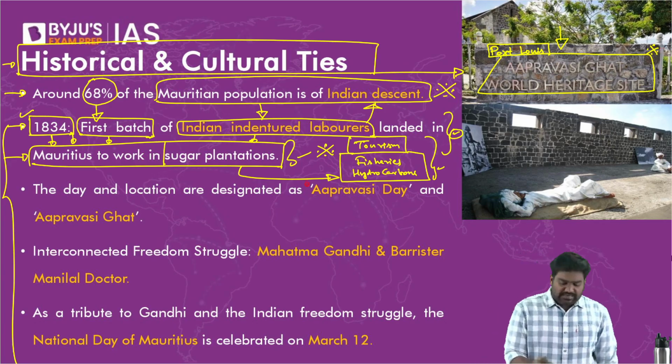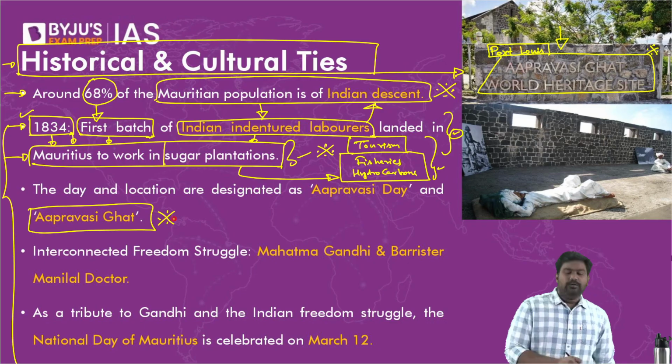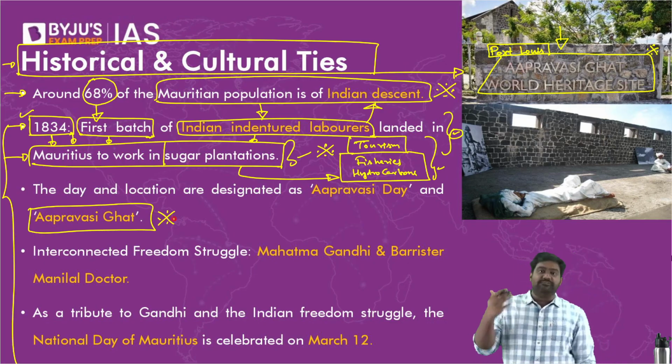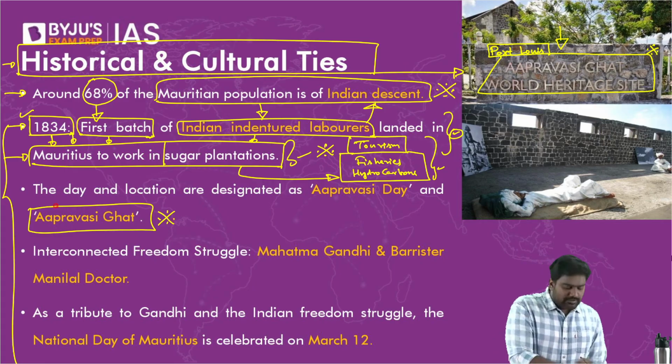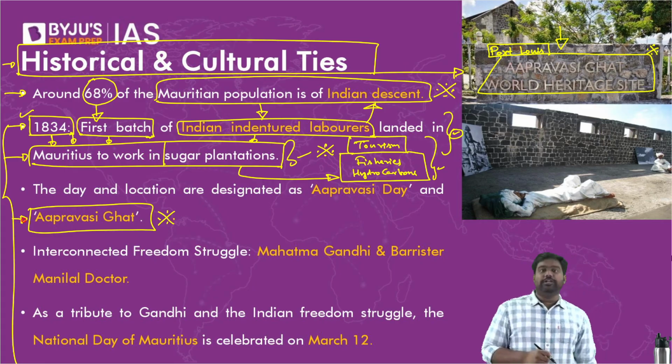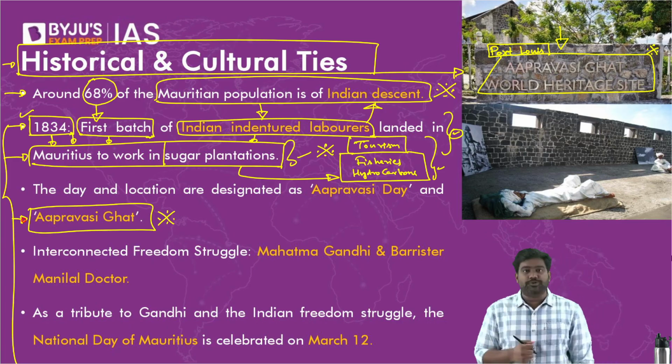It's called Apravasi Ghat. It has become a memorial to pay tribute to the Indian workers, their sufferings under colonial rule. It highlights the oppressive indentured labor system of the British. It symbolizes their exploitation, the colonial oppression and exploitation.